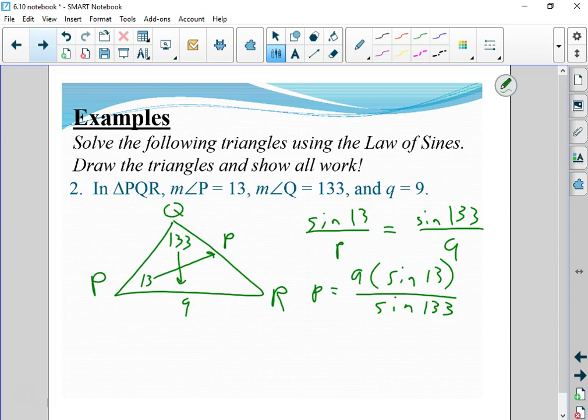So 9 times sine of 13 divided by the sine of 133. And that's 2.77, rounded. Which makes sense. Much smaller than 9.